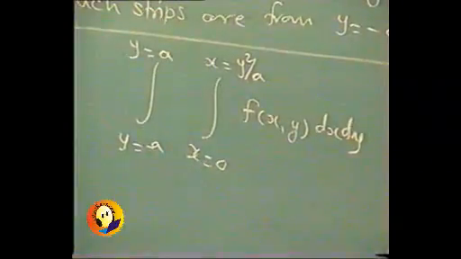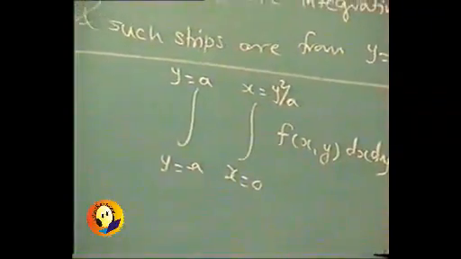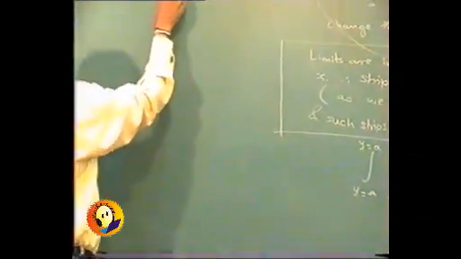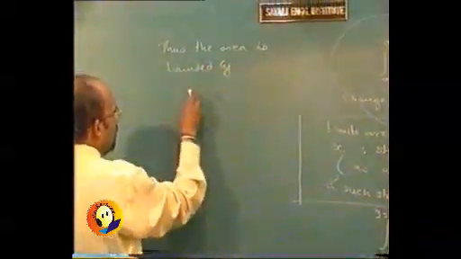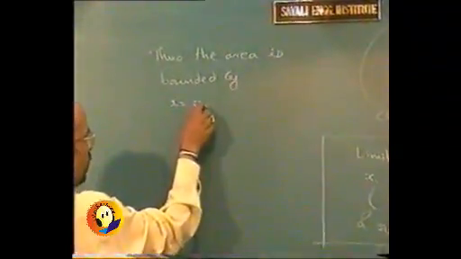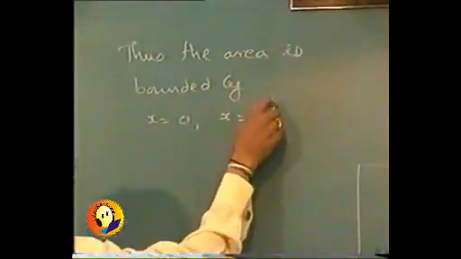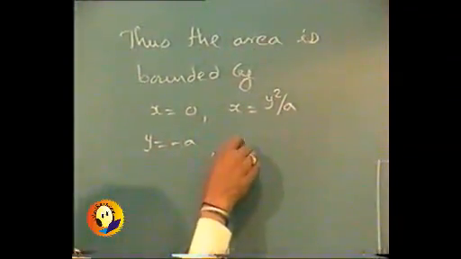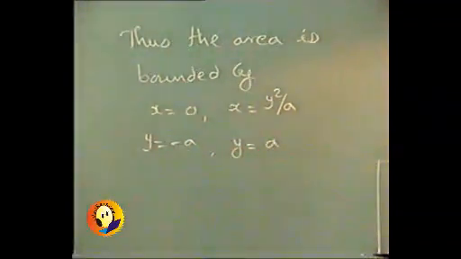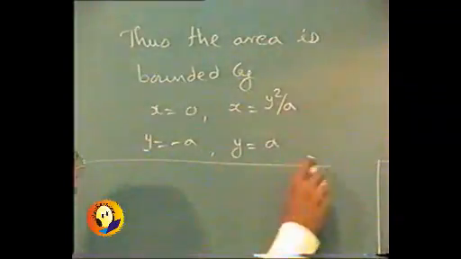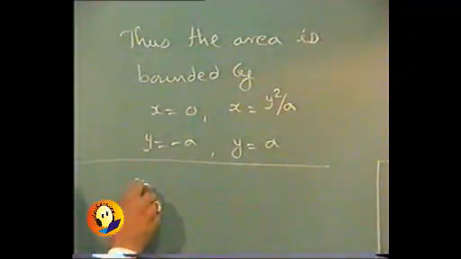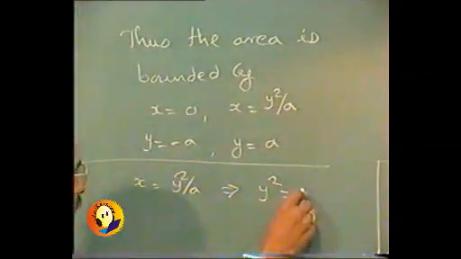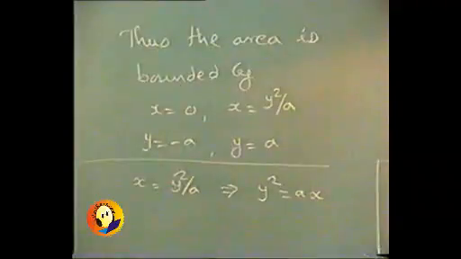Thus we say that the area is bounded by x equal to 0, x equal to y square upon a, y equal to minus a and y equal to plus a. As we rewrite this particular curve, x equal to y square upon a is nothing but y square equal to ax, which is a parabola.